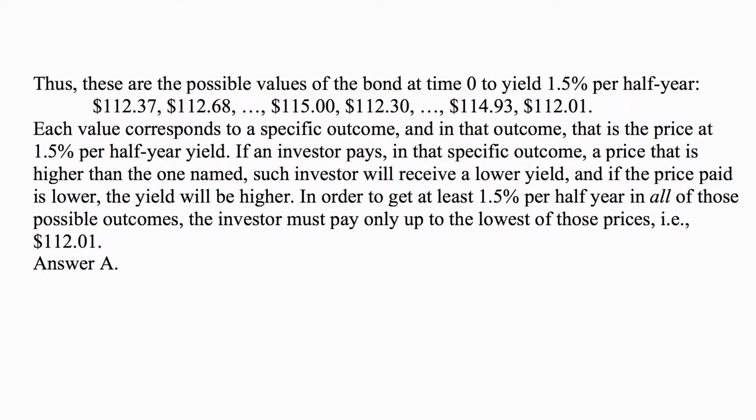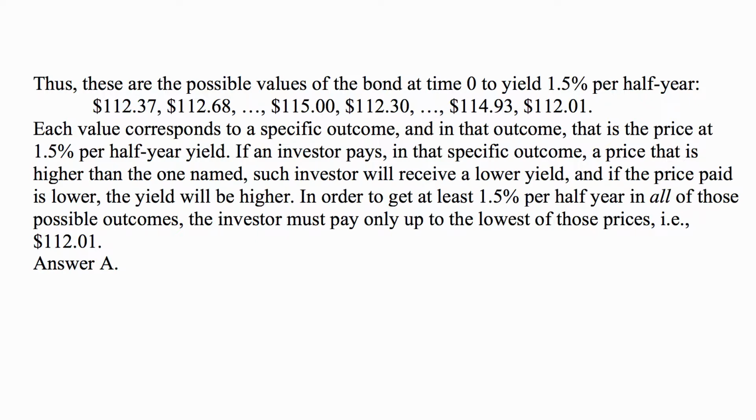So the possible values of the bond at time 0 to yield 1.5 per half year are 112.37, 112.68, and so on, up to 115, then 112.30, and so on until 114.93, and the final one at redemption 112.01. Each value corresponds to a specific outcome, and in that outcome, that is the price at 1.5 per half-year yield.